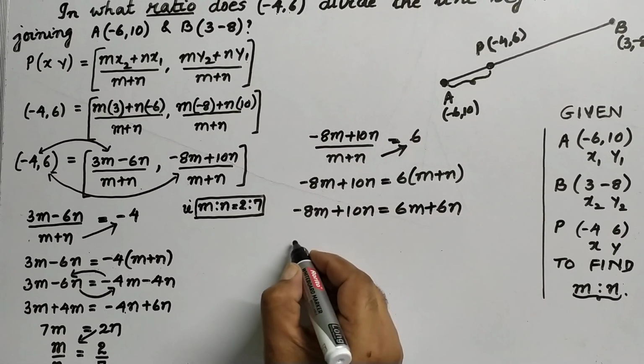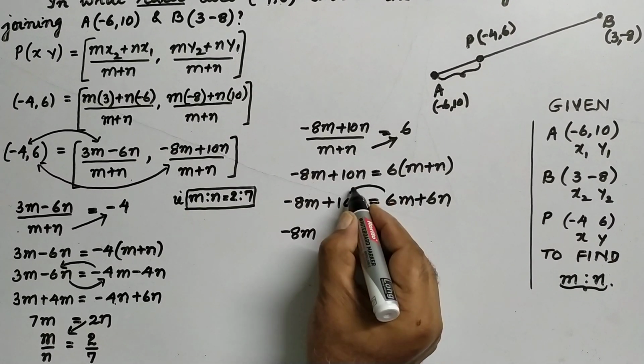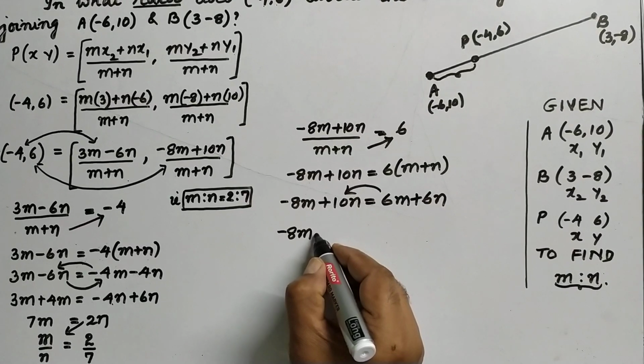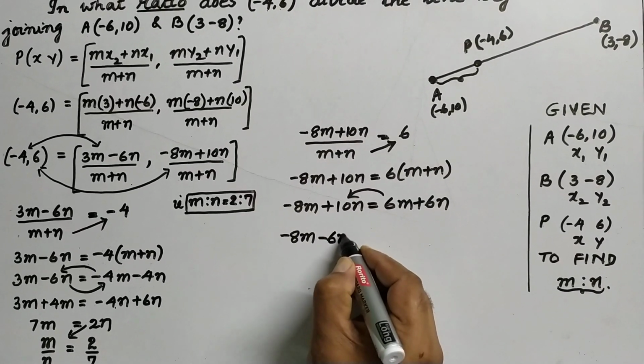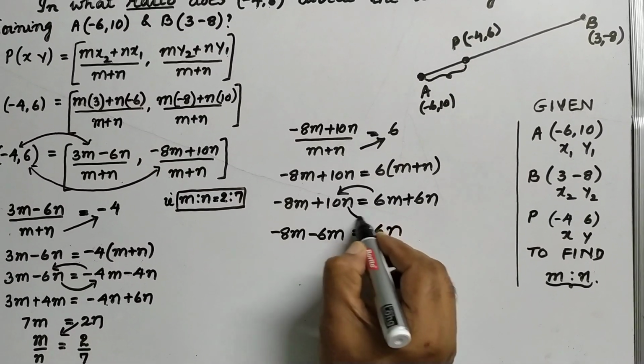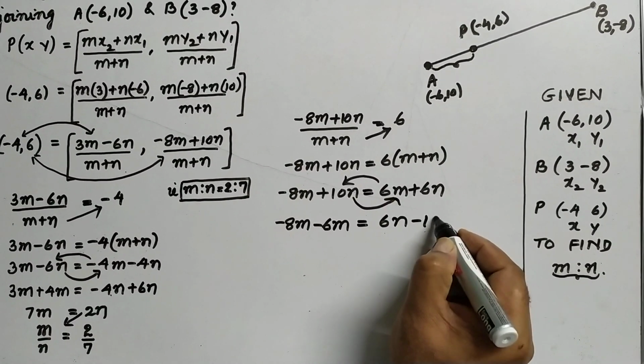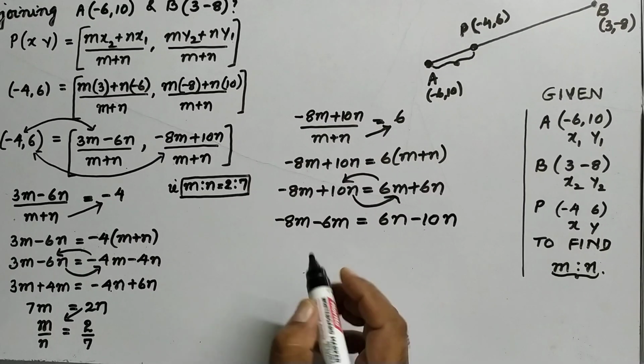Transfer all m on one side: -8m. If you transfer plus 6m on this side, it becomes minus 6m, equal to 6n. Transfer this 10n to the other side, it becomes minus 10n.